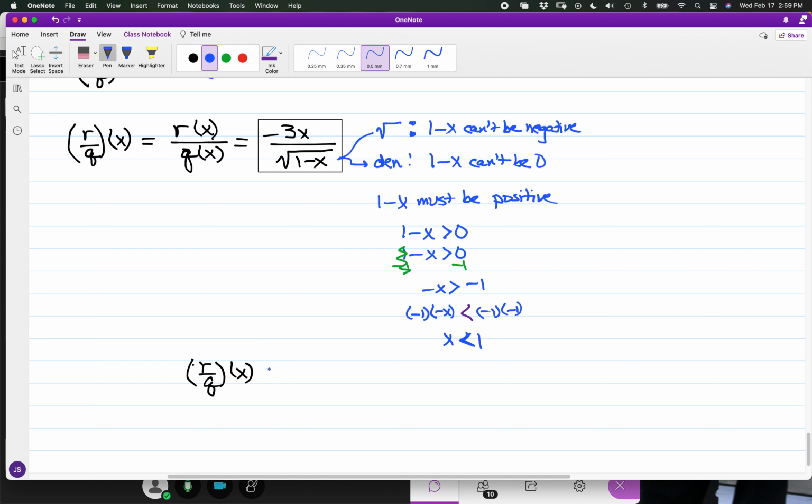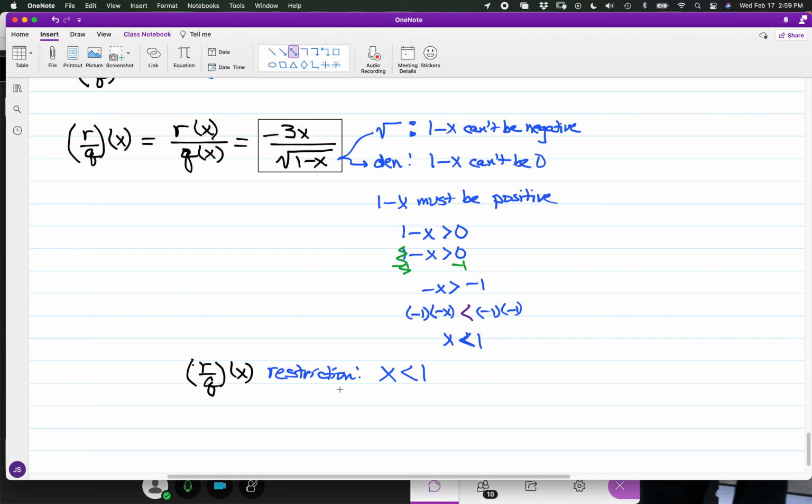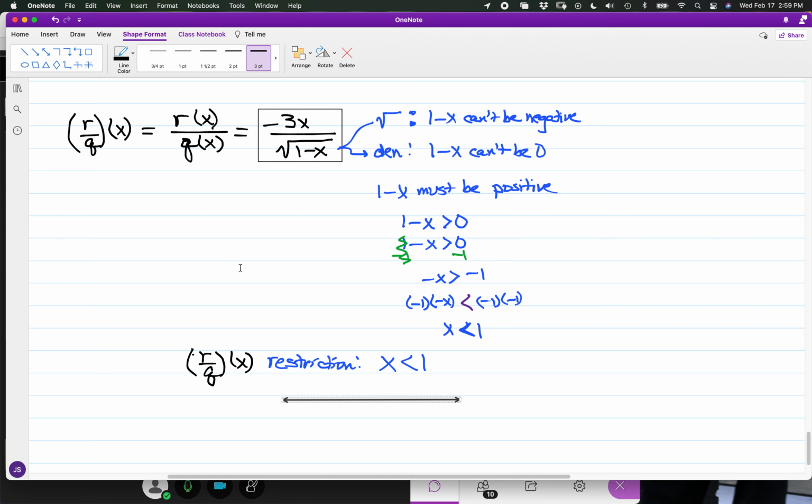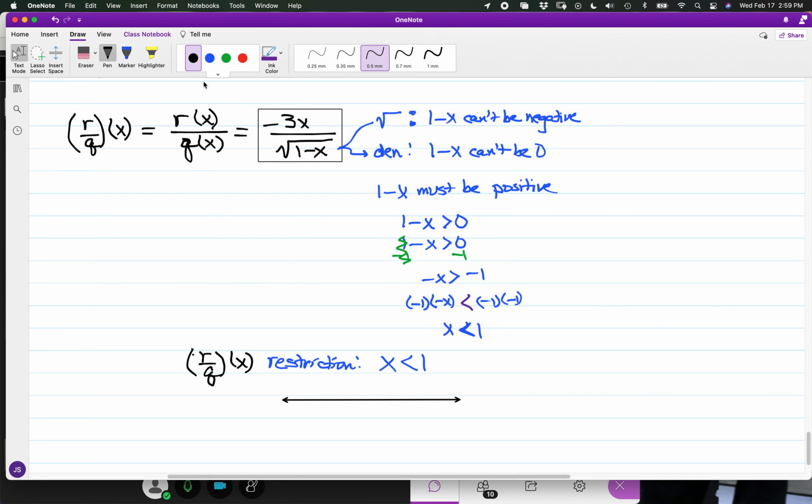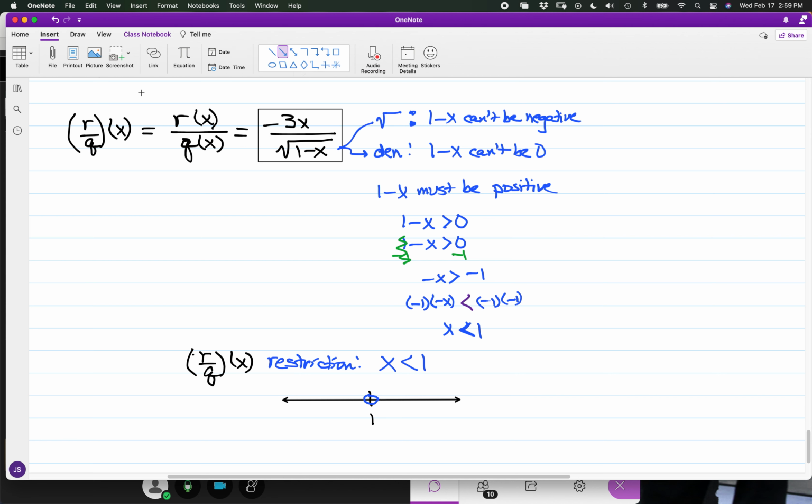So for R over Q of x, the restriction is going to be not x is less than or equal to 1, but that x is less than 1. So we have with the number 1, okay, and with x being less than 1, so we're going to have a hole on 1. And from this, okay, we're going to have a ray that will go continuously to the left.